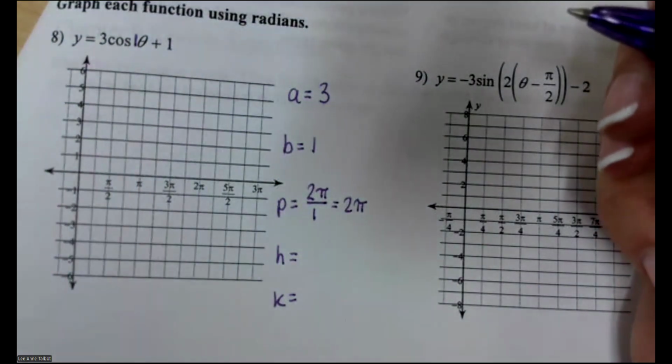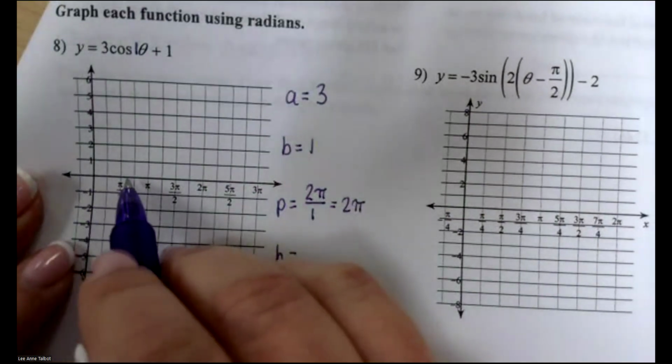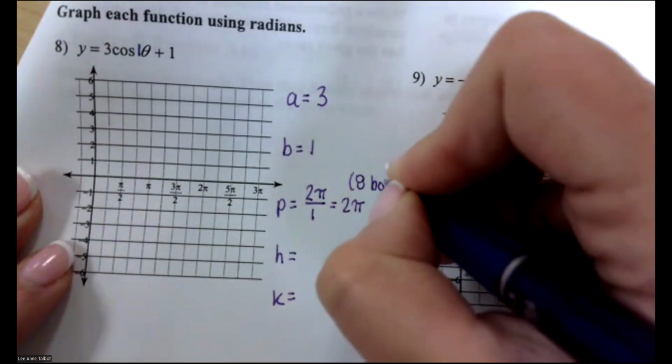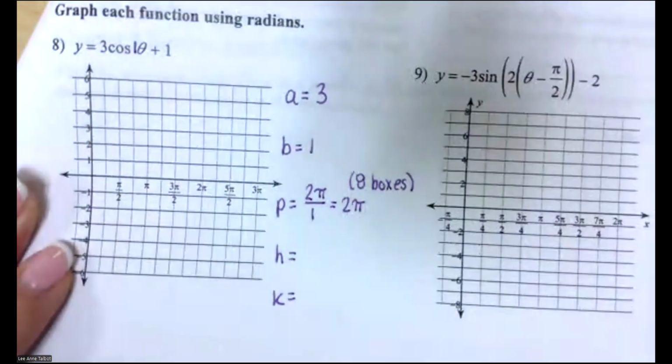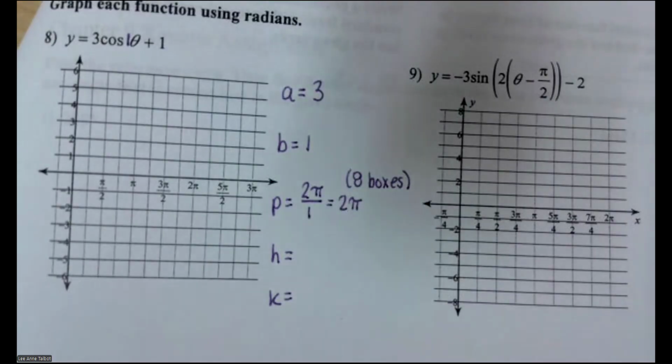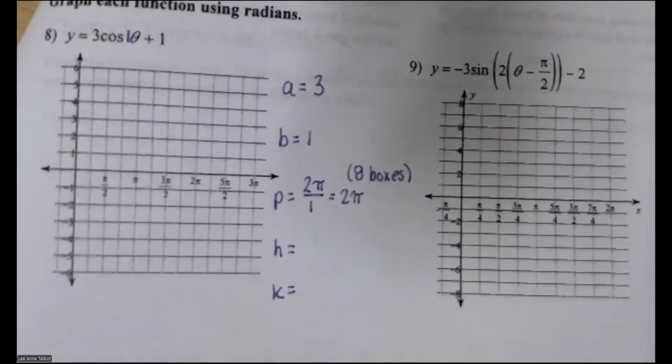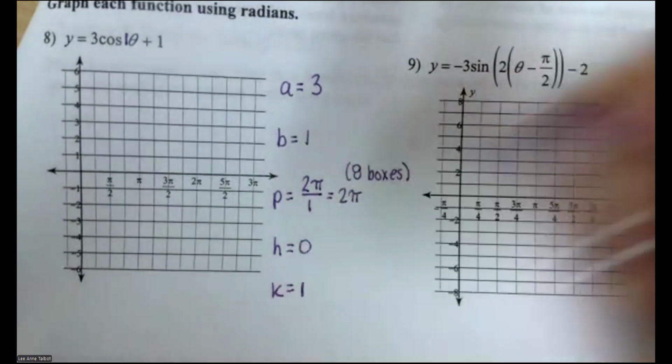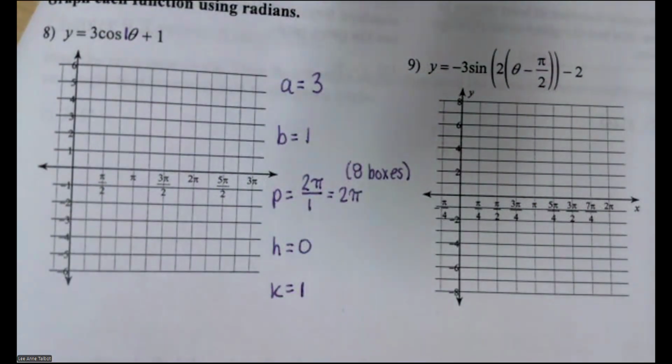How many boxes is 2 pi on this paper? 8. Okay, now here's the big question. Is the 1 the H or the K? Okay, great job. There's no parentheses, so H is 0.